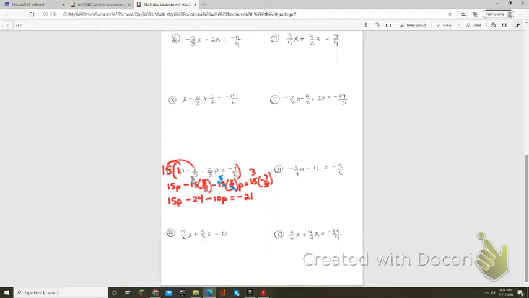So you only have to work through the fractions for the very first part of the problem. After that, it's just you combining like terms and undoing to solve for the variable.